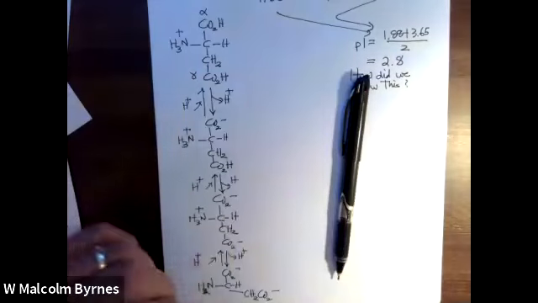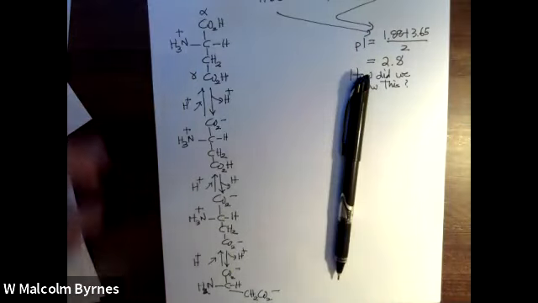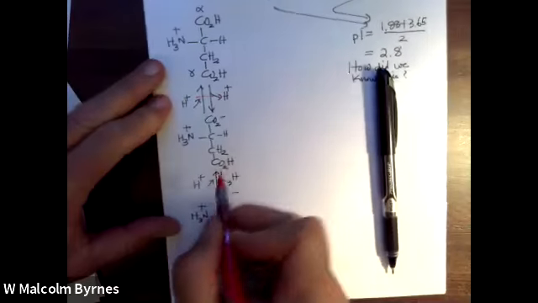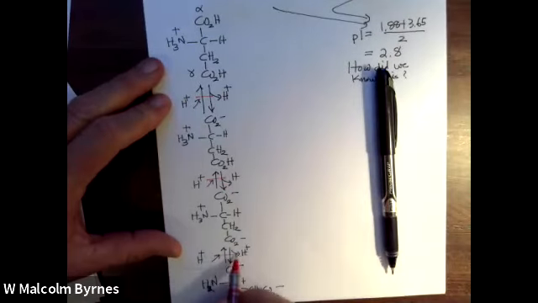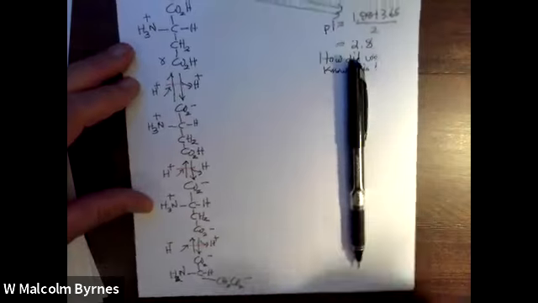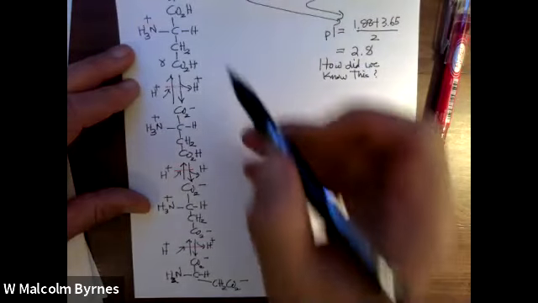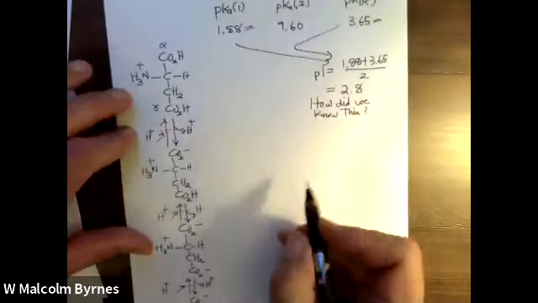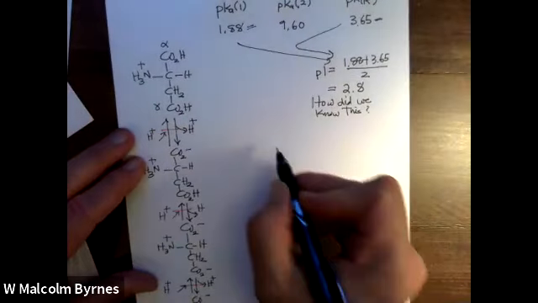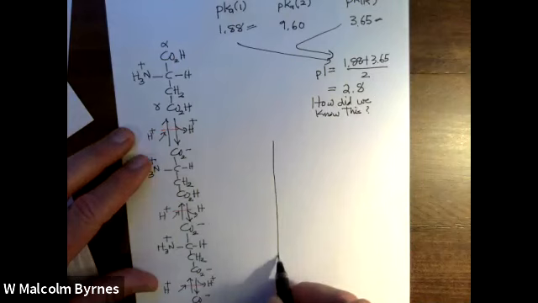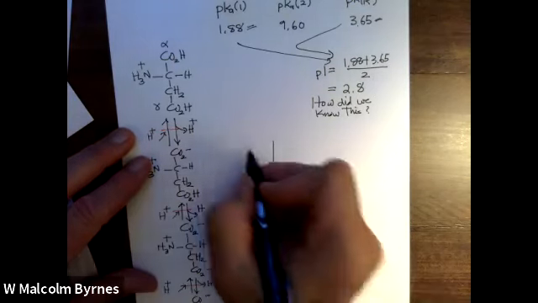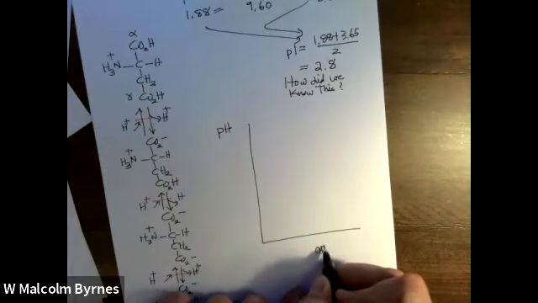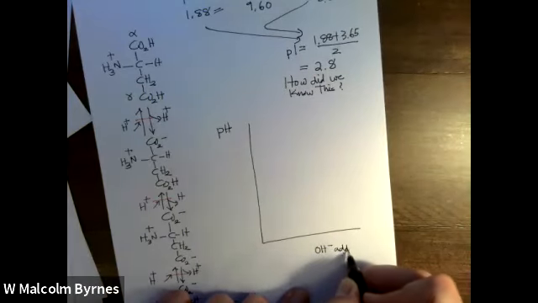Well, we've got 1, 2, 3 midpoints, and we've got 3 equivalence points. There are 3 ionizable groups, each of which is titrated in turn. And so it's going to look like this if we were to make a graph of pH versus OH minus added.